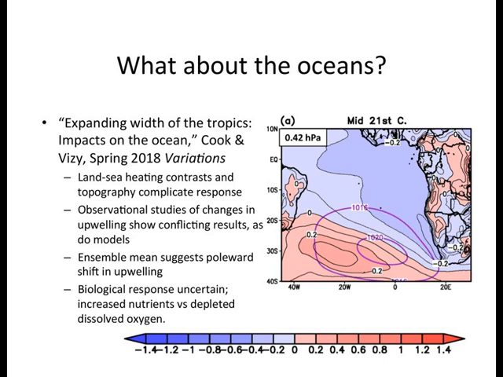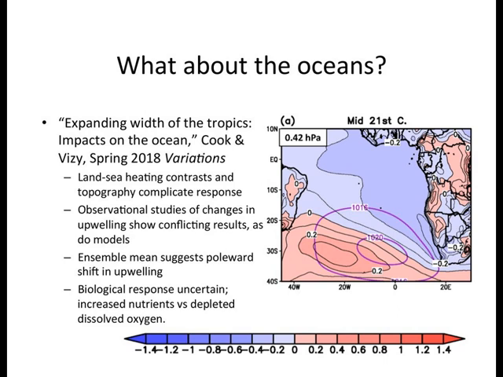So you have disagreement from one region to another. You also have disagreement from one model to another. But if you look at the ensemble mean, it looks like you can expect a poleward shift in upwelling. So there's a weak tendency towards a poleward shift in upwelling.